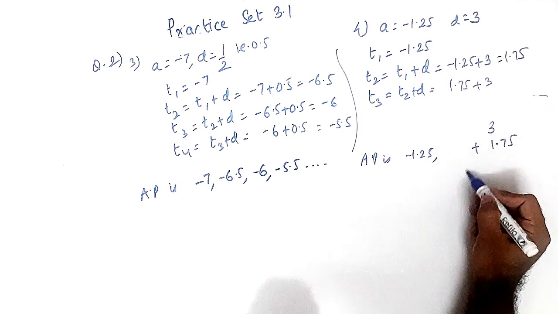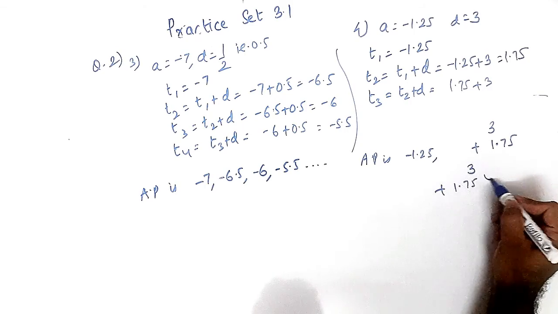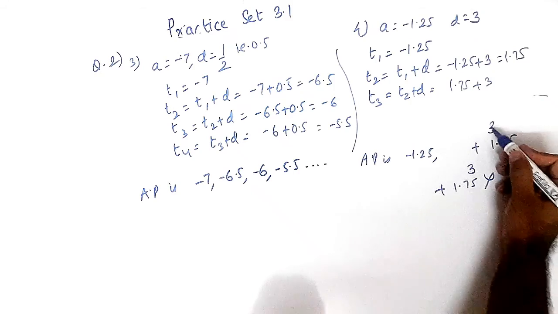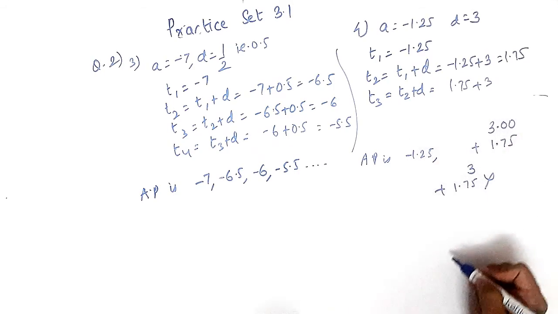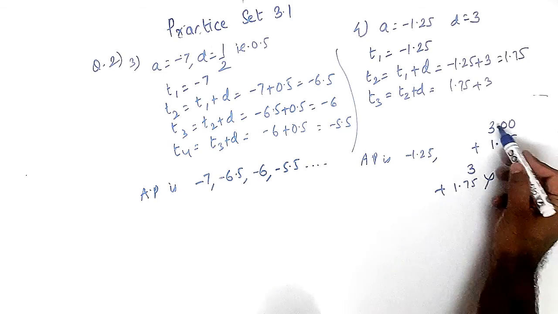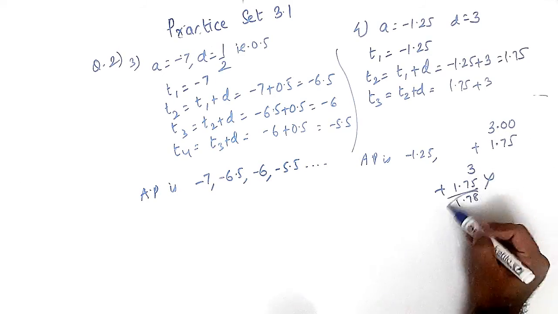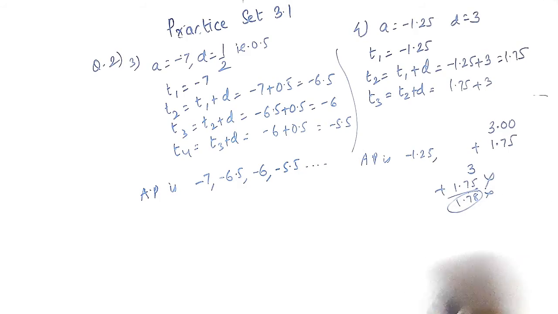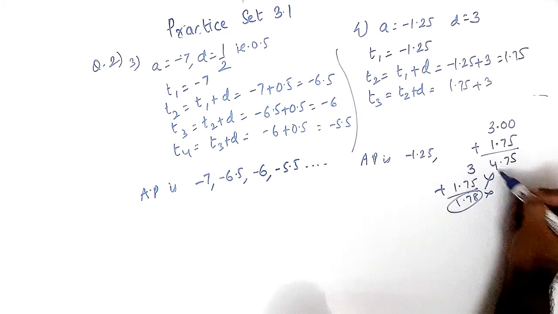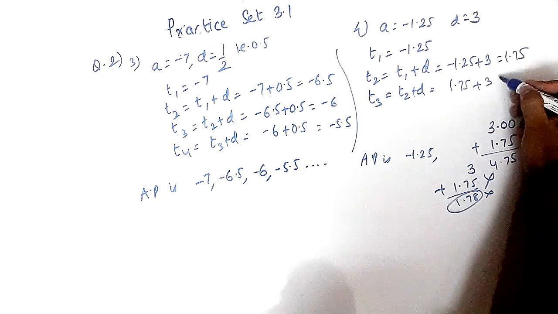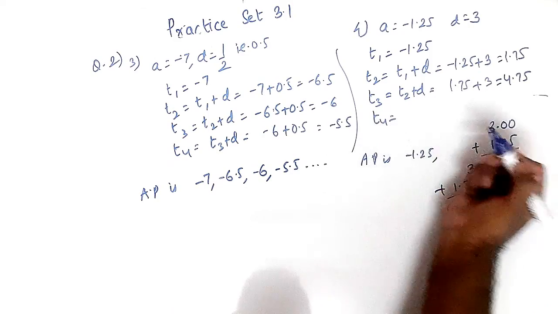I'll show you how children make the mistake. 3 plus 1.75, this is wrong. 3 plus 1.75 means 3.00, okay, decimal below the decimal. Otherwise you will get a different answer. You will get 1.78 and your sum will go wrong. 3 plus 1.75 is like this: 5, 7, 4.75.